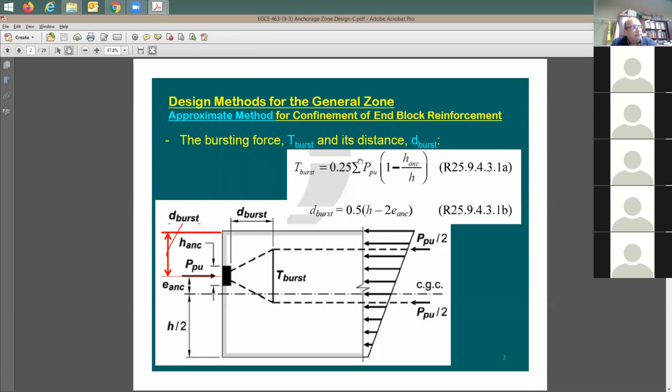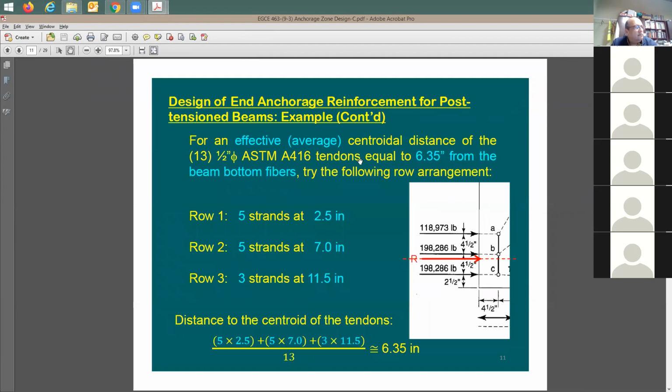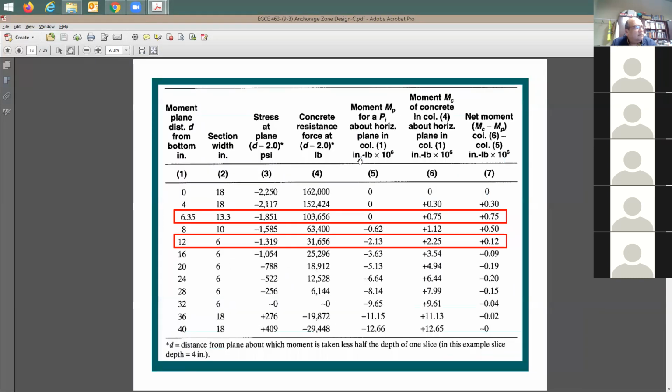Could you please bring slide number 18? Yeah, this one. My group members were trying to explain it to me, but I still cannot get this M sub C and M sub P.